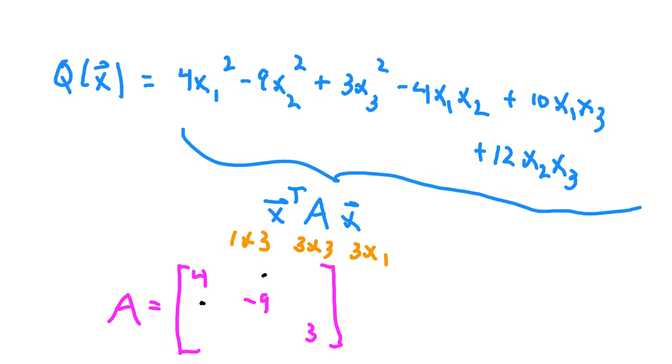What term do we look at here? Which cross product term? Is it the x1, x2, the x1, x3, or the x2, x3?